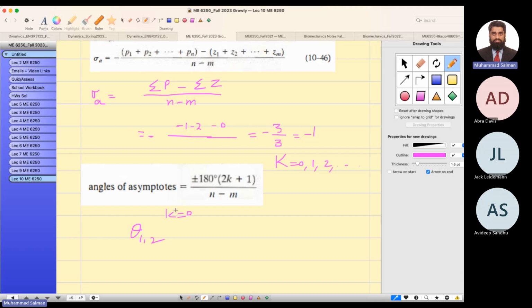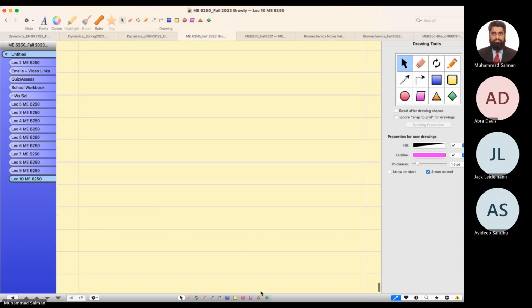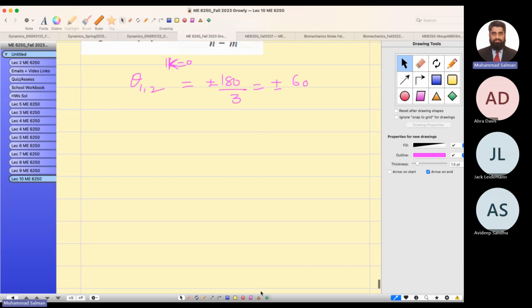At k equal to 0, what is the theta? Two thetas you will get, plus minus 180 divided by 3, plus minus 60. And let's plug in k equals 1. You will get the third and fourth angle. The asymptotes will start overlapping.